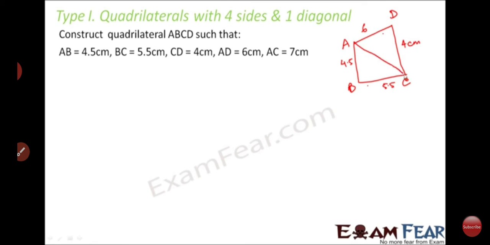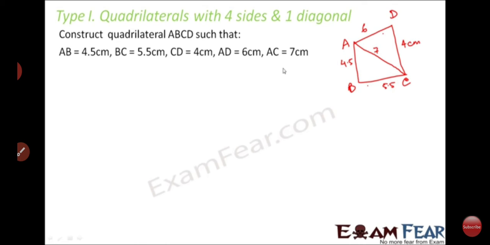Now AC is given, 7 centimeter. So you have to construct it. This is your rough figure. So in your mind the figure is ready, how the quadrilateral can be constructed.